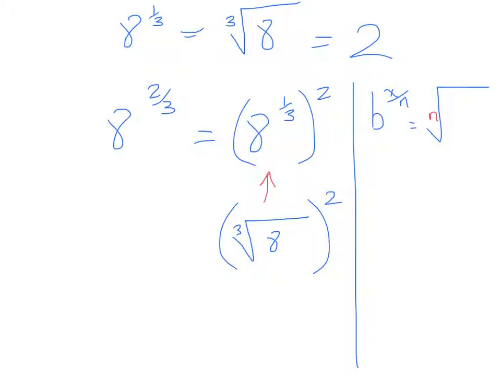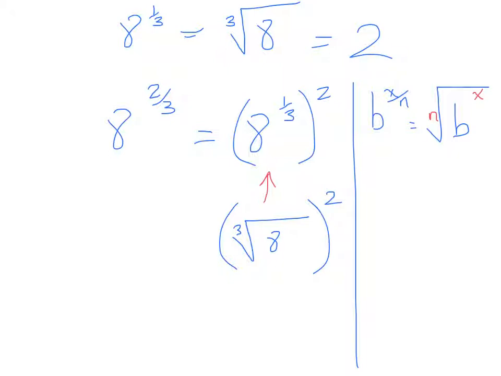However, what is the b? Well, the b is the big number. It goes under the radical. And our x is the exponent, the power that it's raised to. See, here, our x was 2, and our exponent ended up being 2 on the outside. Same will be for this case, where x will be the exponent.